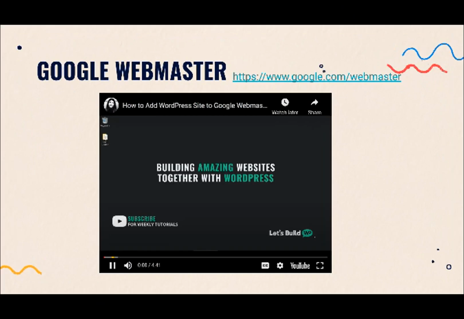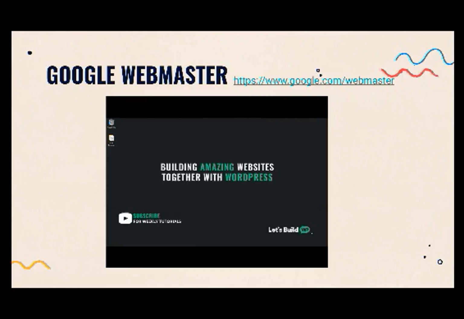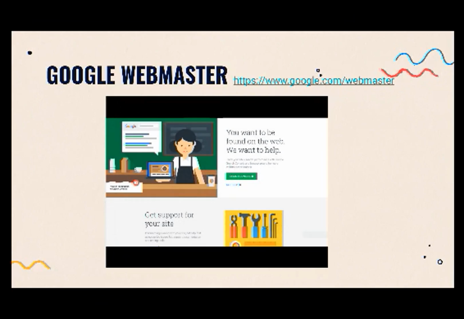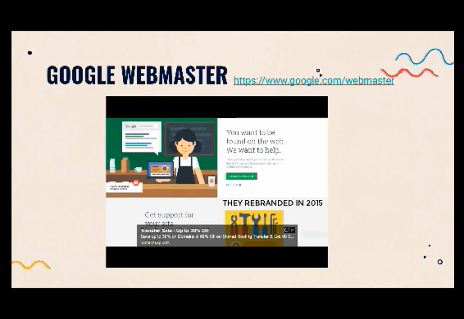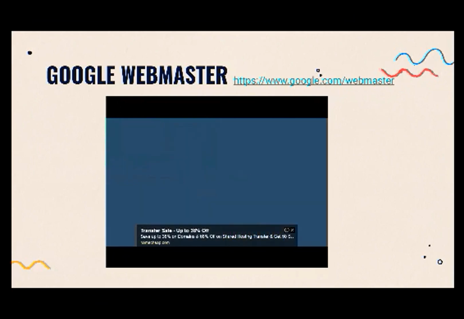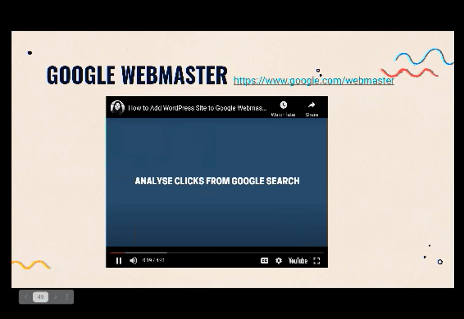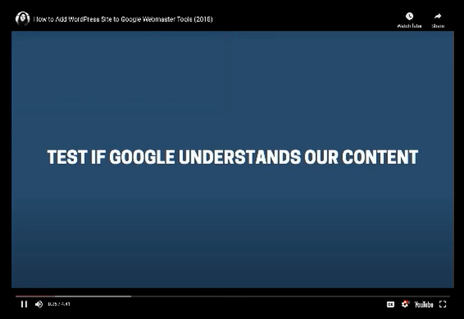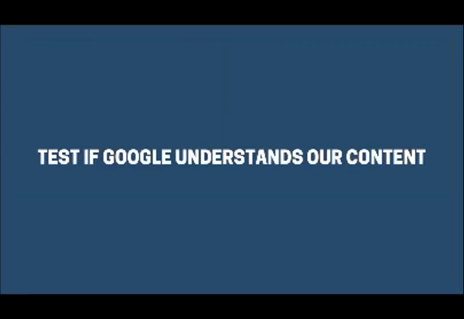Hi guys, it's Marty here from letsbuildwp.com, and in this video we're going to be covering how to add a WordPress site to the Google Webmaster Tools, or the Google Search Console, depending on what you prefer to call it. Google Webmaster Tools will allow us to do things like analyze clicks from Google Search, get alerts for critical errors or issues on our site, and test whether or not Google can successfully understand our content.